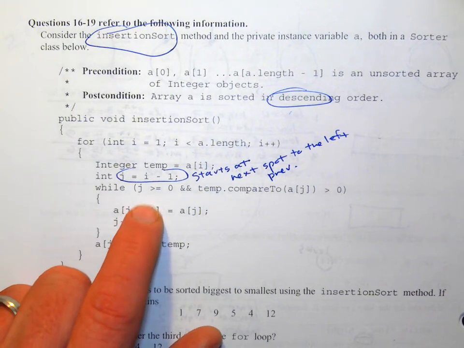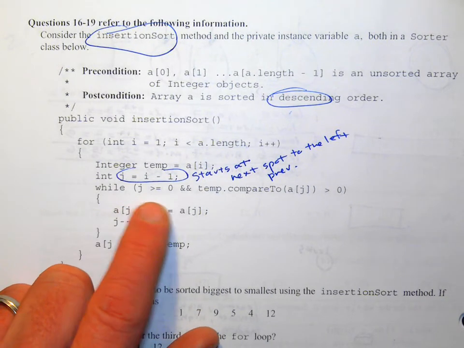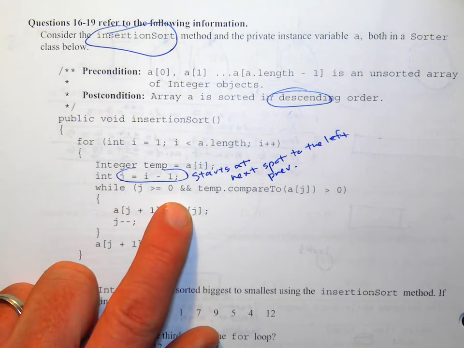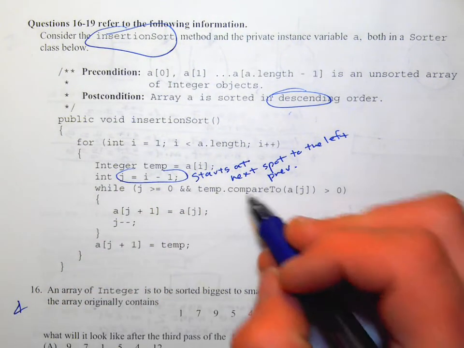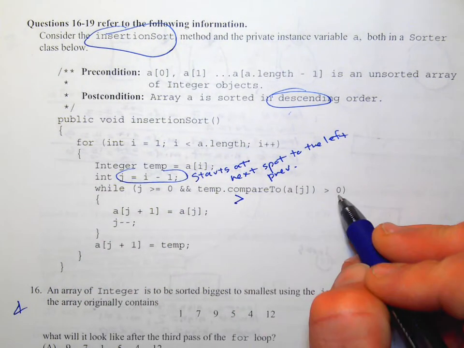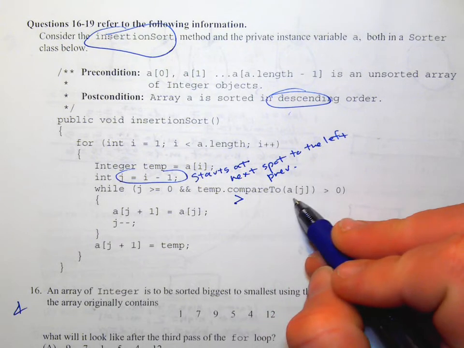And it says, okay, while j is greater than or equal to 0, and temp, the current one, is bigger than this, so greater than is going to give you a positive.